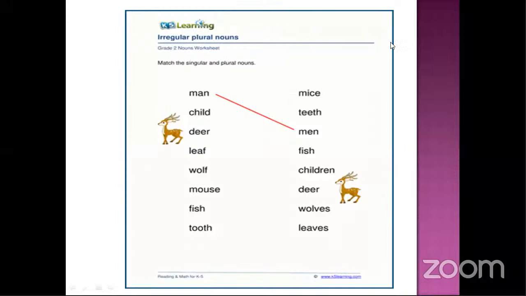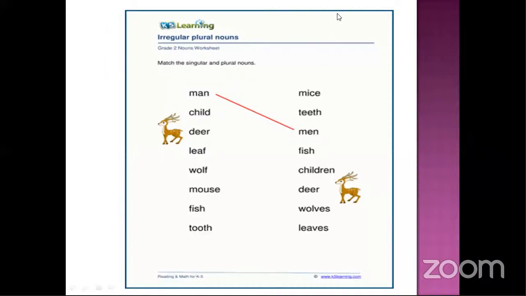Just try to find the correct word. You can use annotations now, or you can use the chat box.